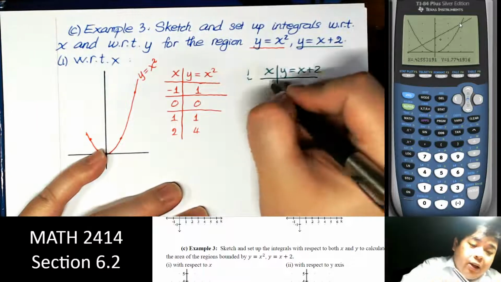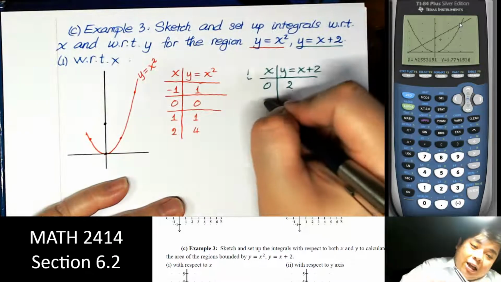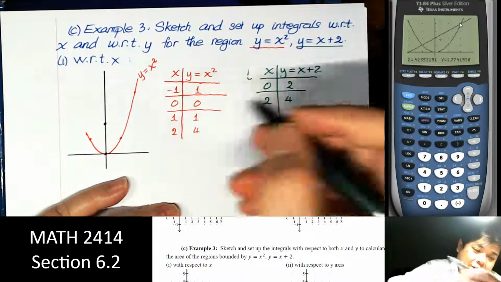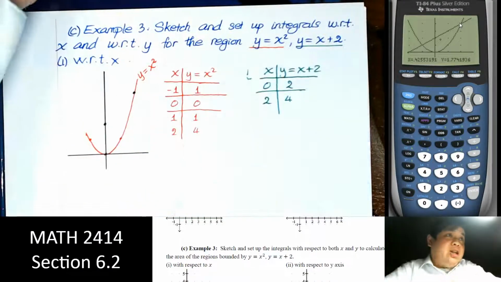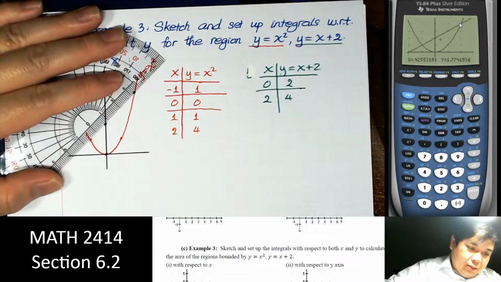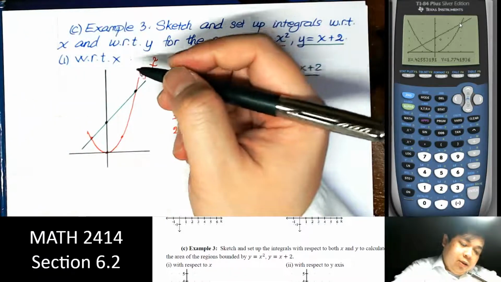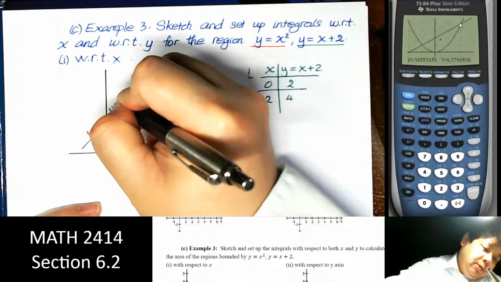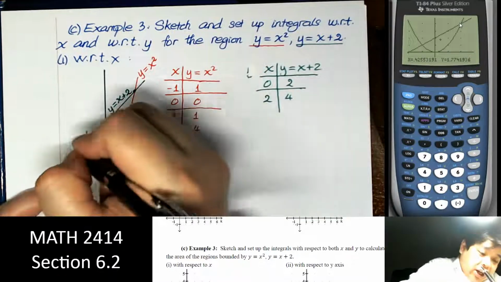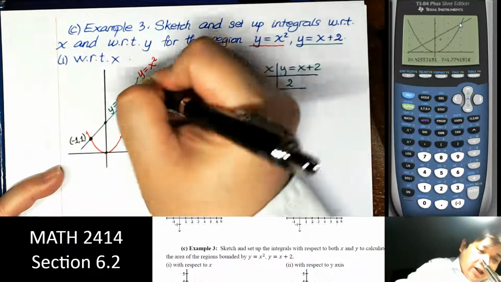Right. X equal to 0, y equal to 2. x equal to 2, y equal to 4, right? So there's the intersection here. And we can see there's an intersection here of -1 and 1, and then 2 and 4.